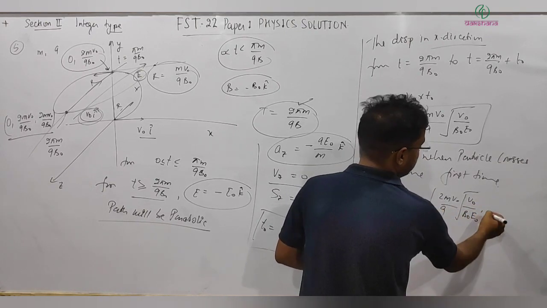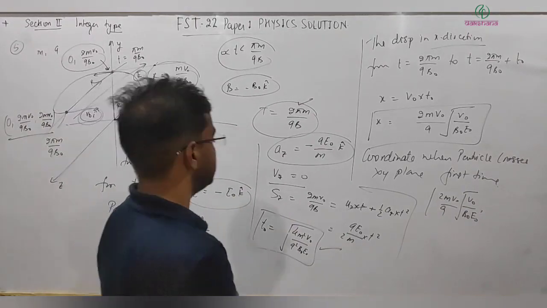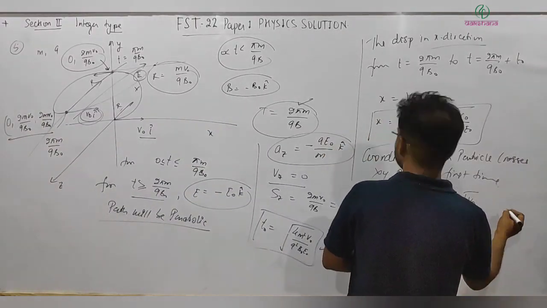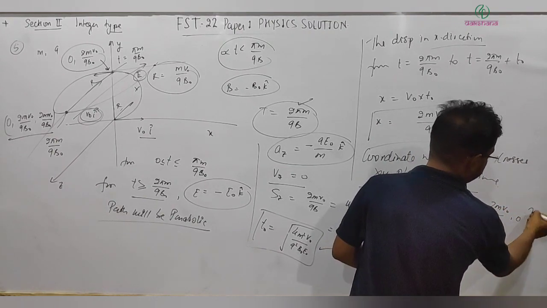The y coordinate is 2 m v naught by q B naught, and the z coordinate is 0.